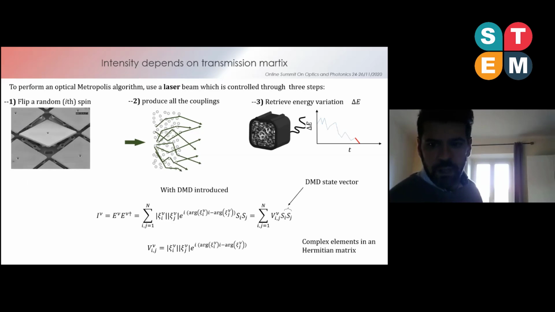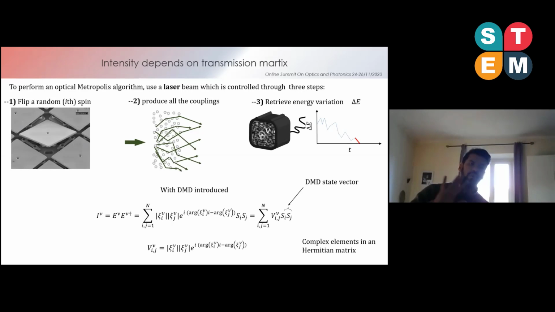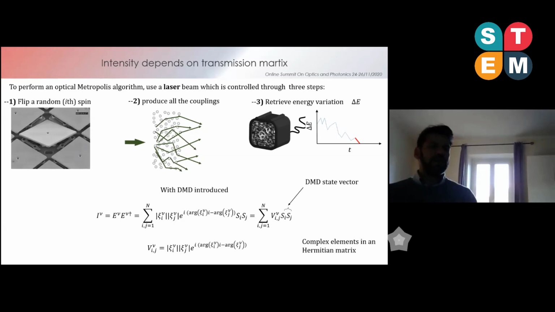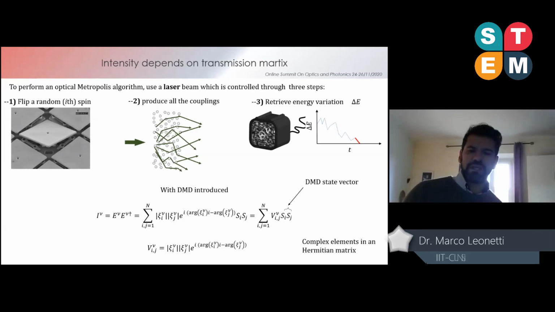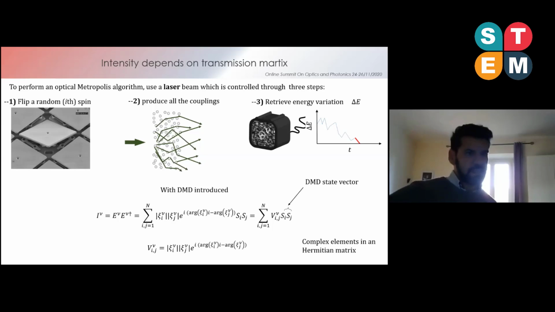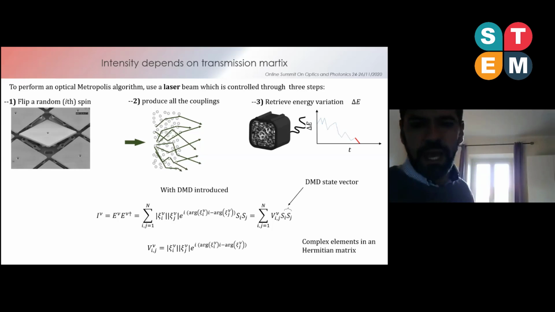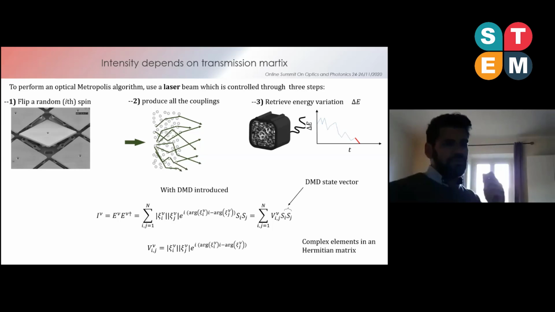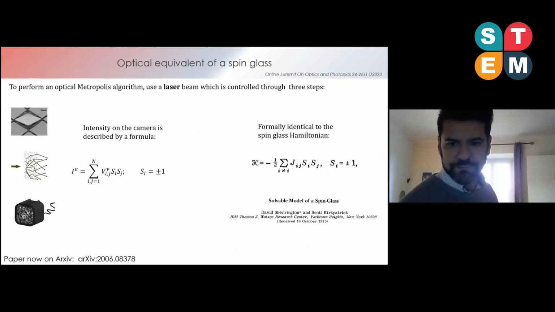This is the case in which the DMD matrix is completely flat and placed in one configuration. But if you put your DMD matrix in a random configuration, then you have to multiply this V matrix by the S state of the DMD, and thus you have two contributions from two multiplied light rays. You have the two different values of the S vectors.